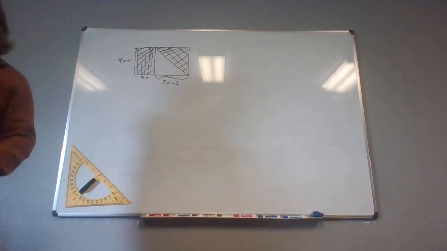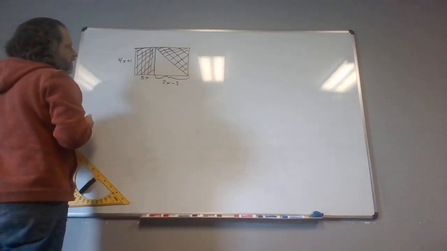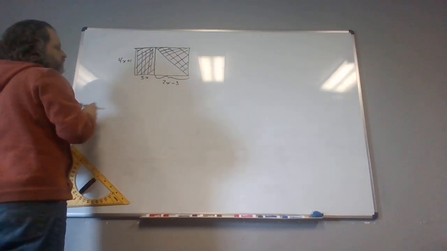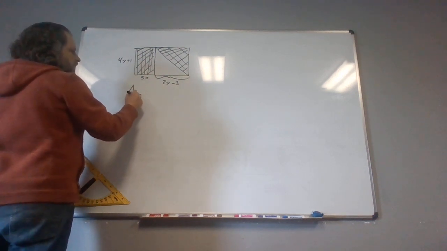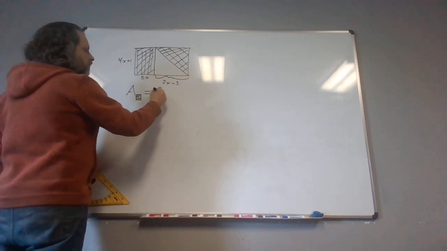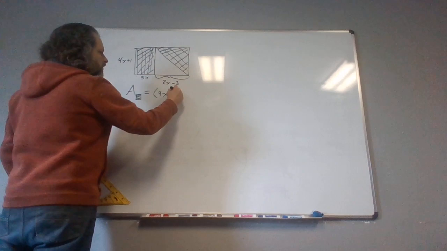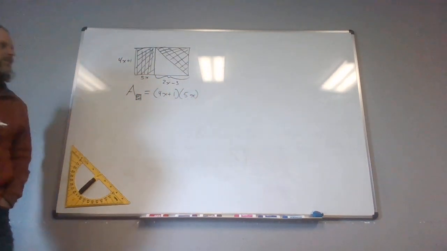We have the same amount of information to do both. To find this area right here, we would do 4x plus 1 times 5x. So the area of the rectangle shaded is 4x plus 1 times 5x.